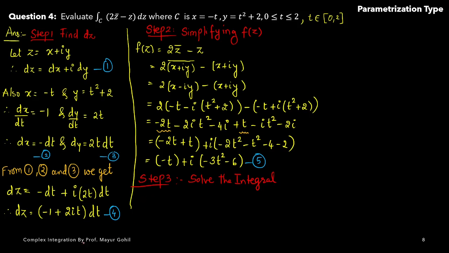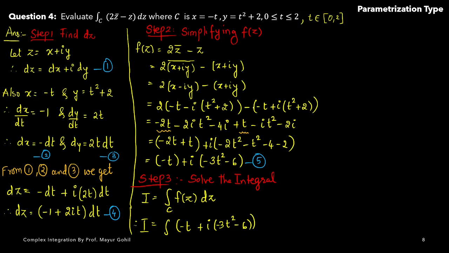Now the integral over here we have is I, integral over c of f(z) dz. So f(z) is nothing but minus of t plus i times minus of 3t square minus of 6.